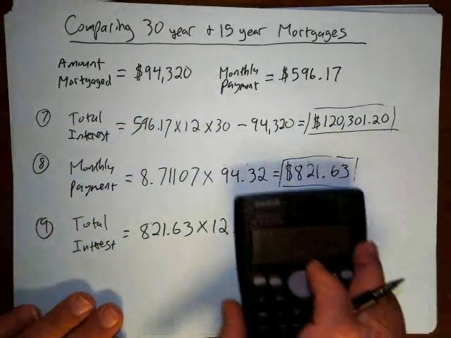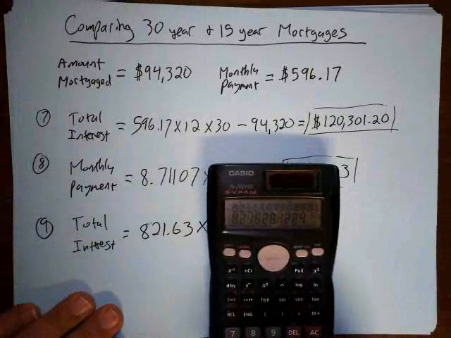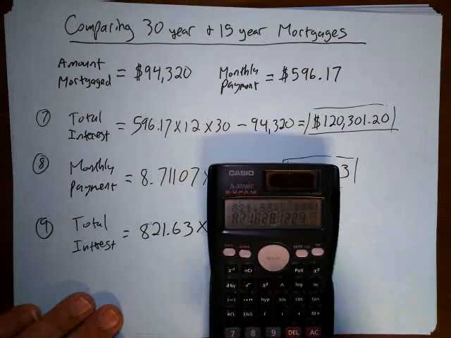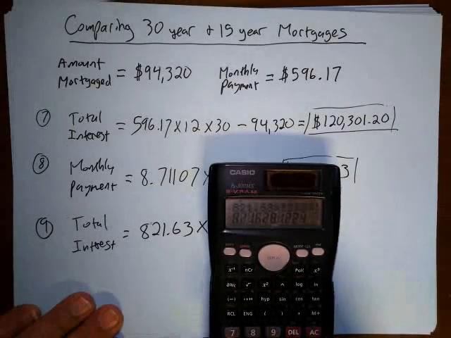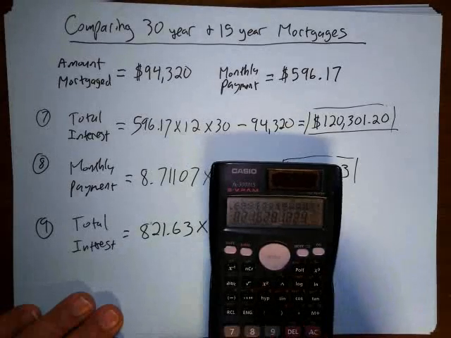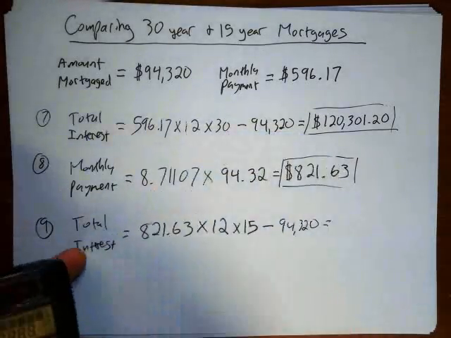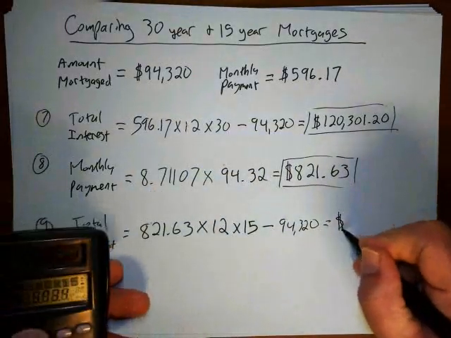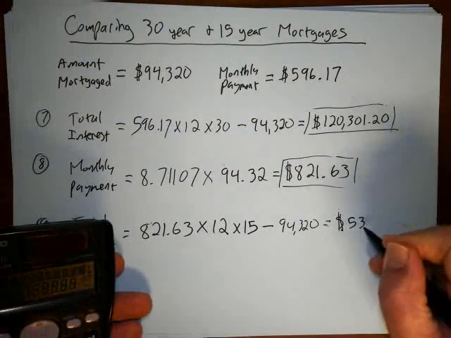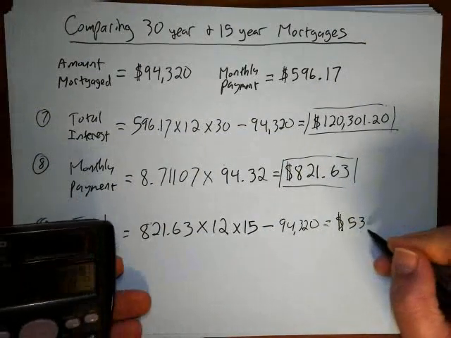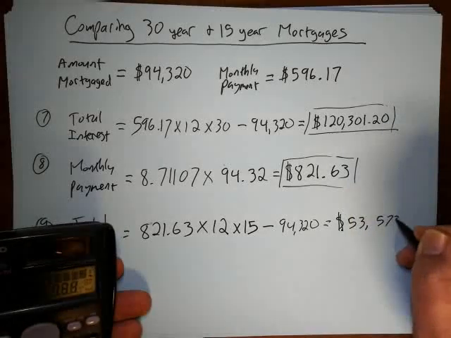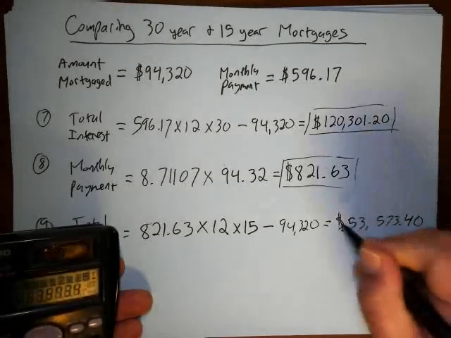Okay, so $821.63 times 12 times 15 minus $94,320, and it looks like this is $53,573.40.